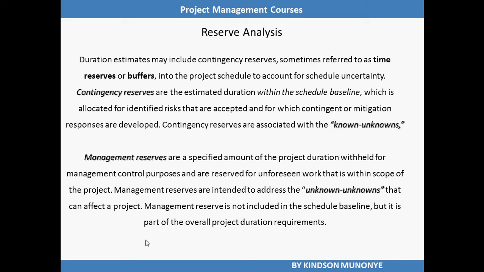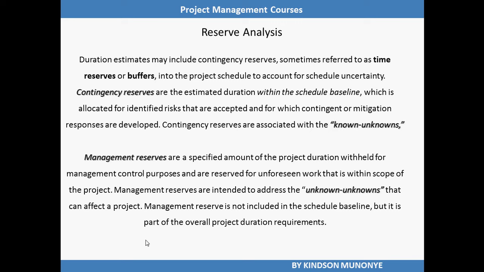Now we have management reserves. These are a specified amount of the project duration withheld for management control purposes and reserved for unforeseen work that is within the scope of the project. Now, management reserve has to do with the amount of time reserved for risks that you have not identified that may just happen.